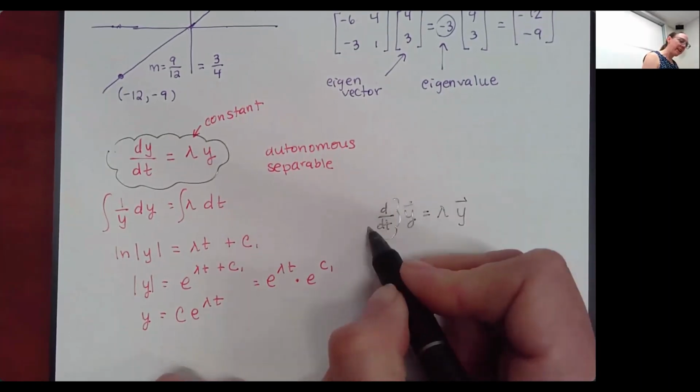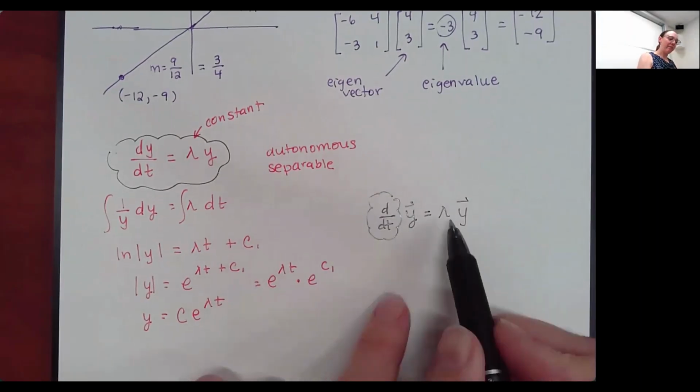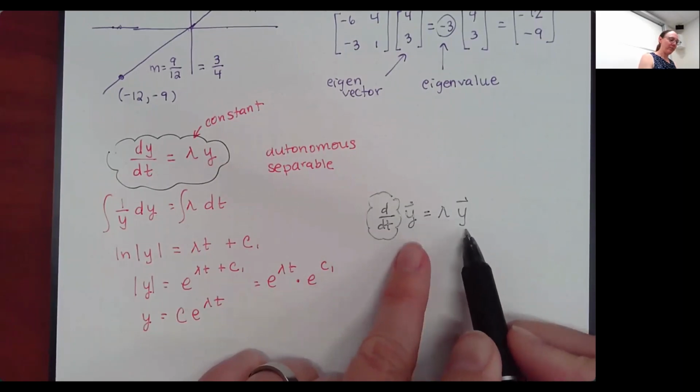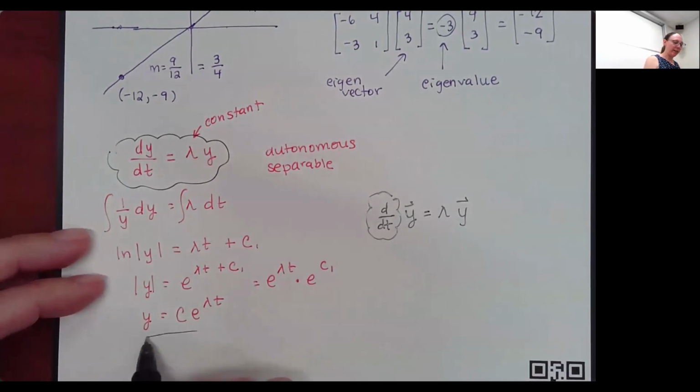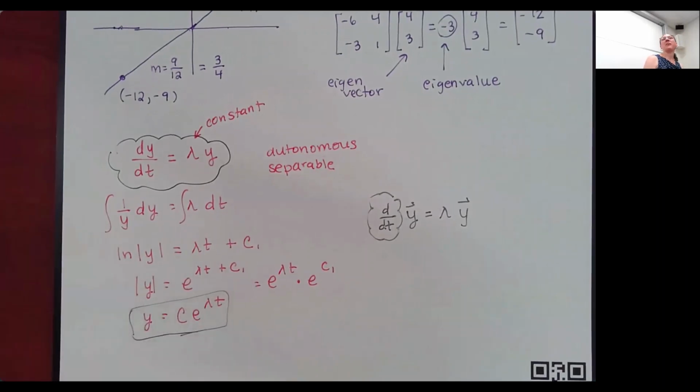If this is written as a matrix, then knowing what the eigenvalues and eigenvectors are allows us to quickly solve the system of differential equations because it's going to be of this form.